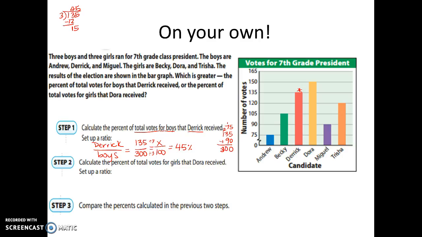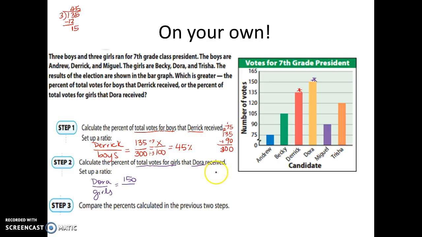Okay, so now let's look at the total votes for girls. And we're looking at how many votes Dora received out of all of the girls. So we're going to put Dora over girls. So this is another part to part. So Dora is right up here with 150 votes out of a total for girls.